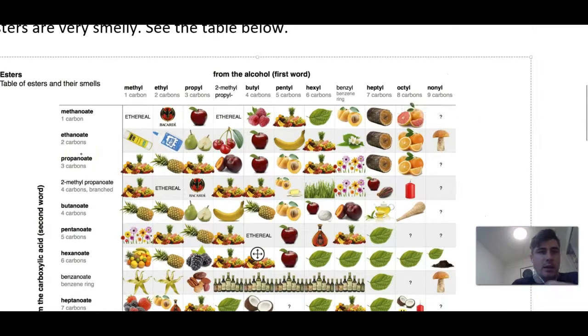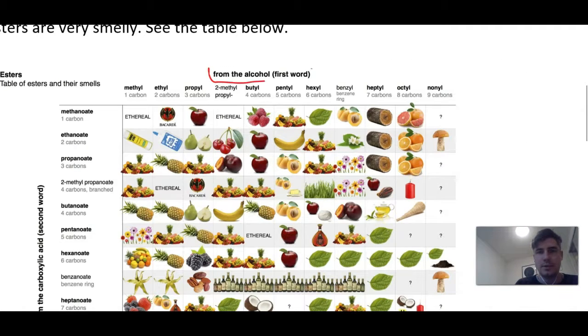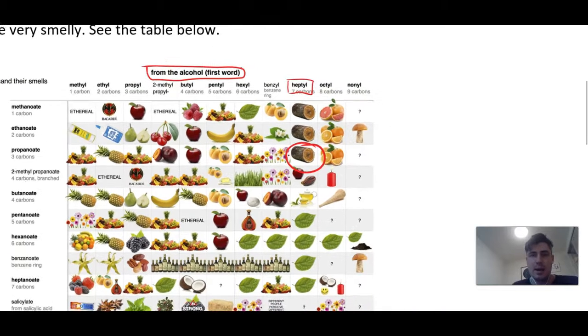Now, remembering that this bit is from the alcohol. Okay, so originally that wouldn't have been, say, heptyl, that would have been heptanol. Let's just focus on one particular substance. So that's made by heptyl propanoate.